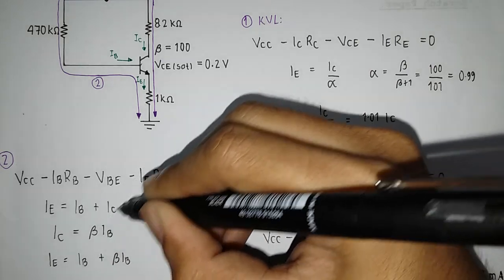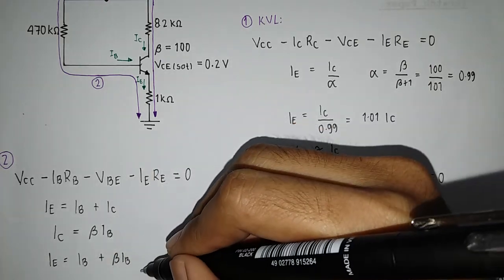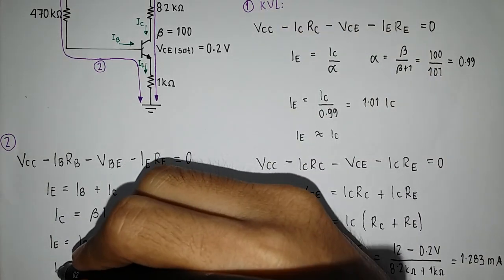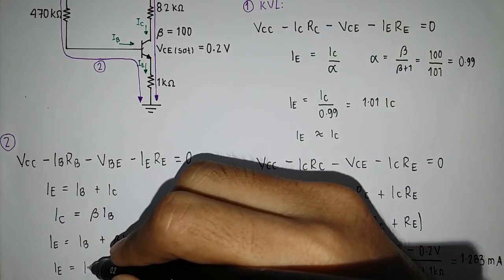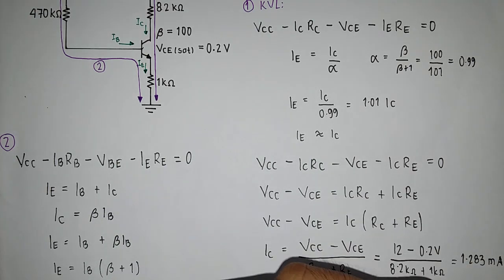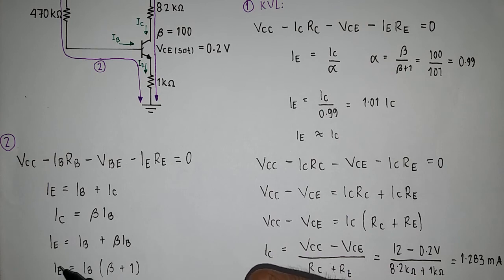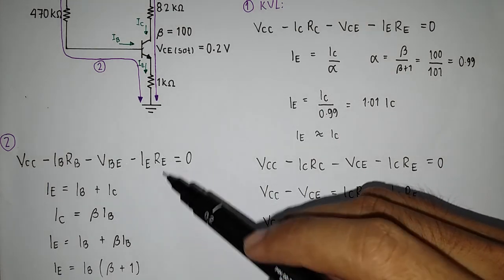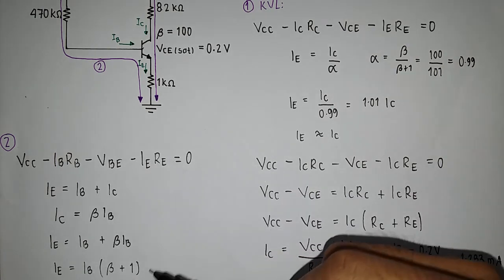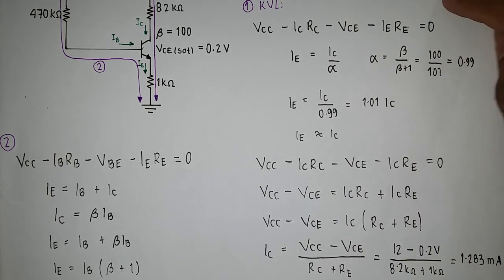So, ni-replace lang natin yung IC ng beta IB, kaya IB plus beta IB. And kapag finactor out natin yung IB, makukuha natin na IE is equal to IB times beta plus 1. Dinerive natin tong formula na to para mapalitan natin yung IE dito sa equation na to ng IB. Mapapalitan natin yung IE in terms of IB para masolve natin si IB.